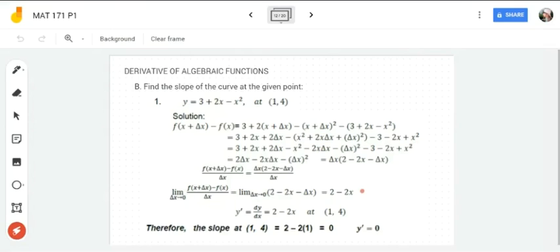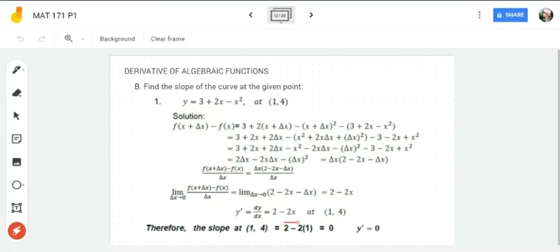And then after that, you know that the first derivative of your function is equal to 2 minus 2x, and then in getting the slope of your curve, we will simply substitute the value of your 1 and 4 on your x and y. So in getting your slope, it is equal to your y prime, or the first derivative of your function, which is 2 minus 2x.